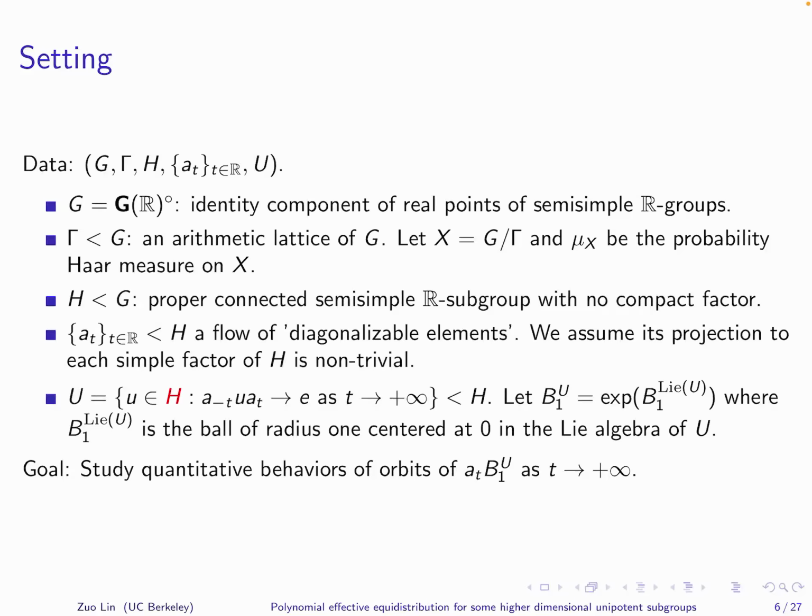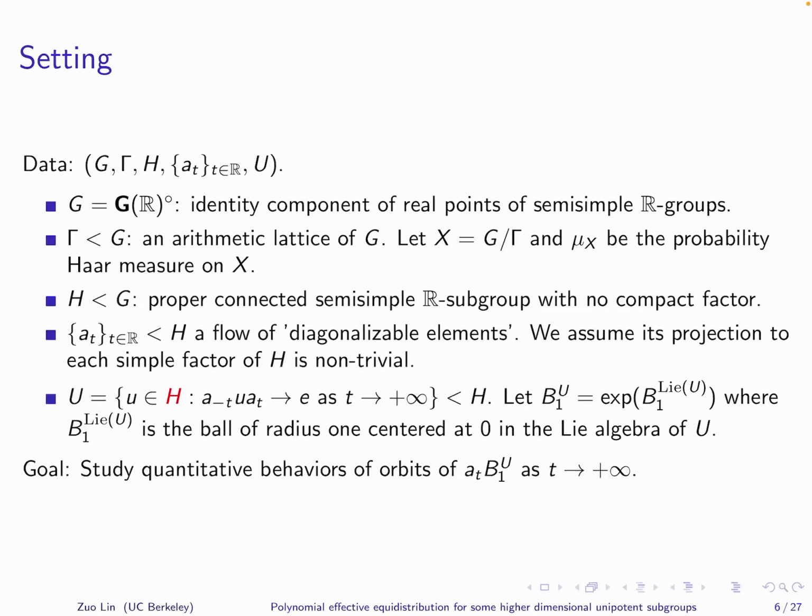It's just an arithmetic lattice. Throughout this talk, I will always let X be G mod gamma. This is where the dynamics happens, and mu of X to be the unique probability Haar measure on my ambient space. And I have a smaller subgroup, a proper connected semisimple algebraic subgroup of G, and I assume it does not have any compact factor.